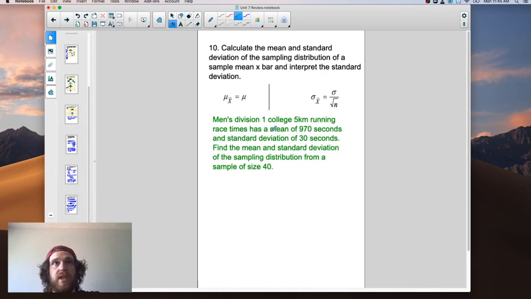Find the mean and standard deviation of the sampling distribution of a sample of size 40. So if we're looking at all samples of size 40, we're looking at all possible means, and we know that the center of that distribution of all the means of sample size 40 from our population is going to be centered on 970 because the mean is an unbiased estimator.